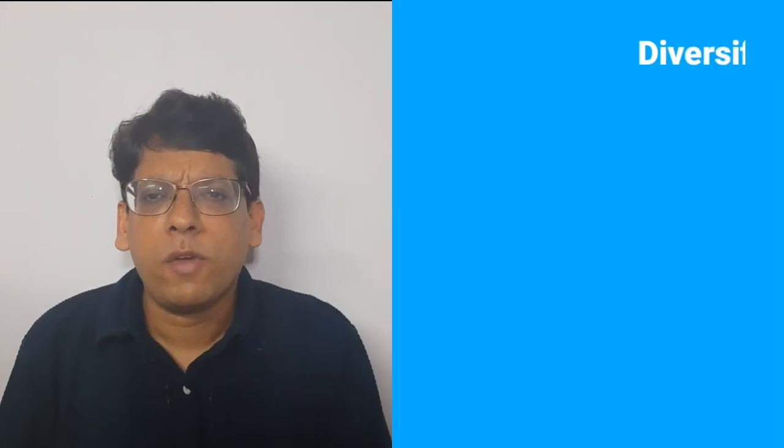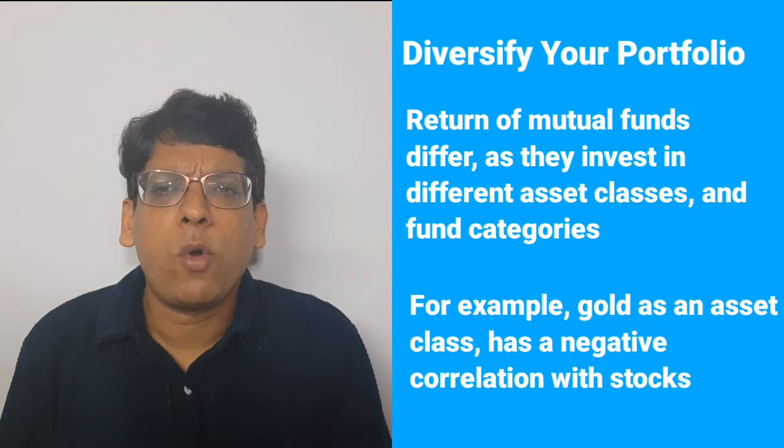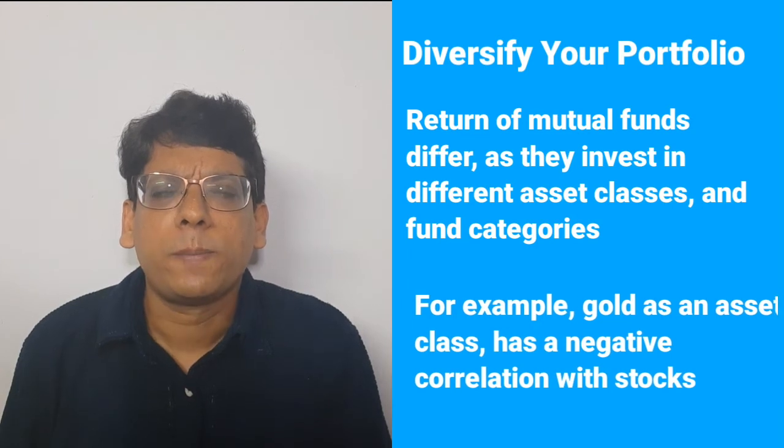Diversify your portfolio. You may find the return for mutual funds differ as they put your money in different asset classes and fund categories. For example, gold as an asset class has a negative correlation with stocks. You may find gold prices rising when stock markets crash.